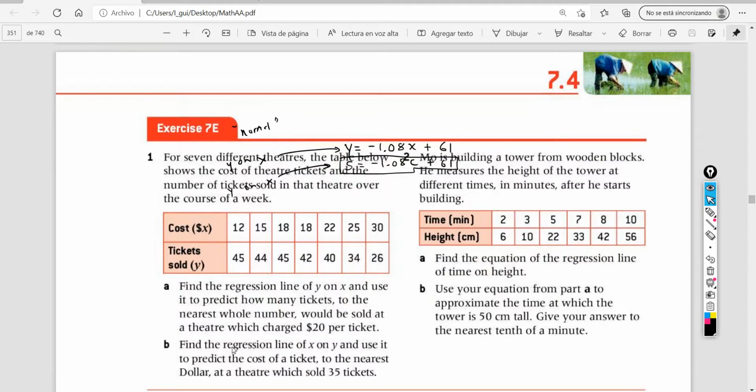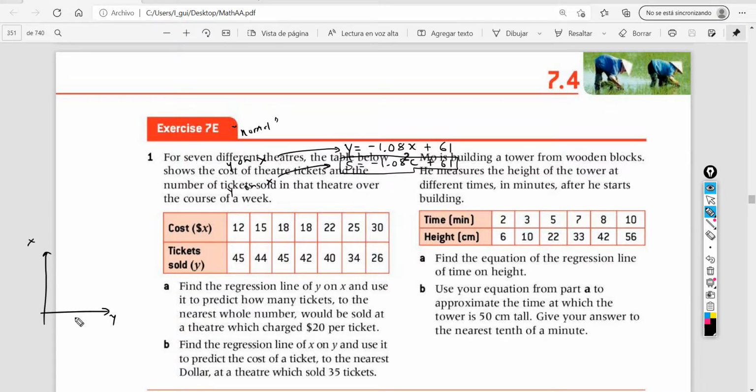Now what I need to do is find the regression line of x and y, trying to predict x when using y as a predictor. And how do we do that? Okay, all you need to do, guys, basically in a nutshell, is now you're going to consider this variable, the y, as the one on the horizontal axis, and the cost as the vertical variable.